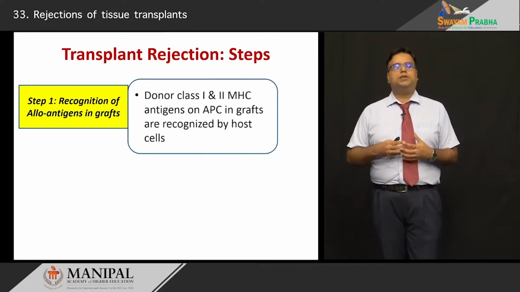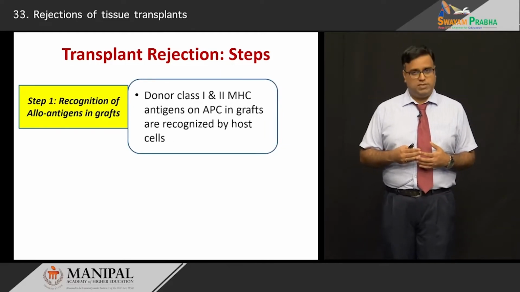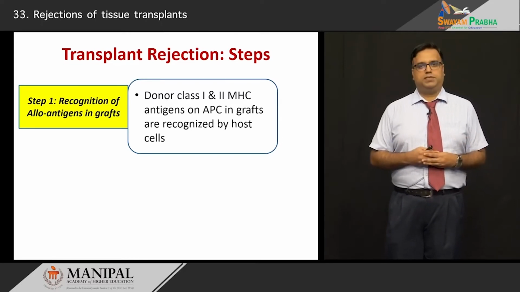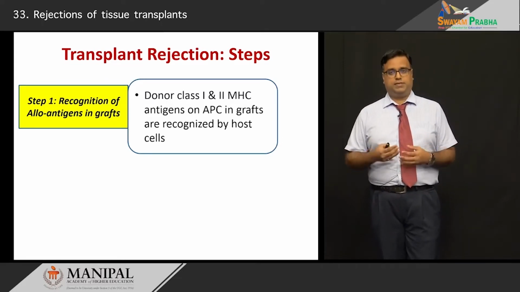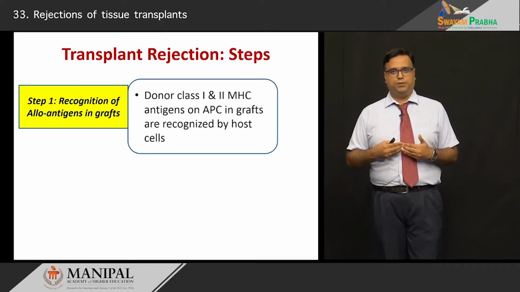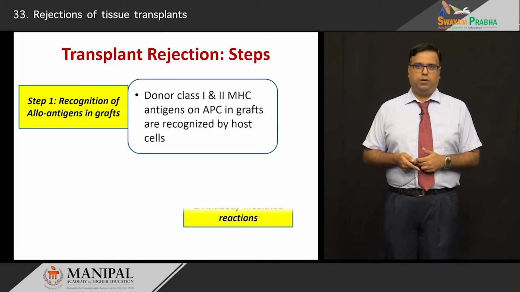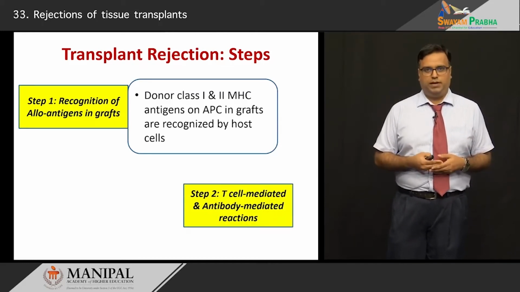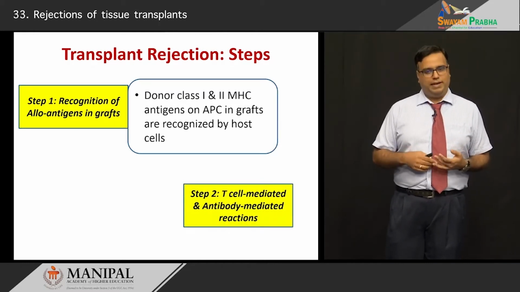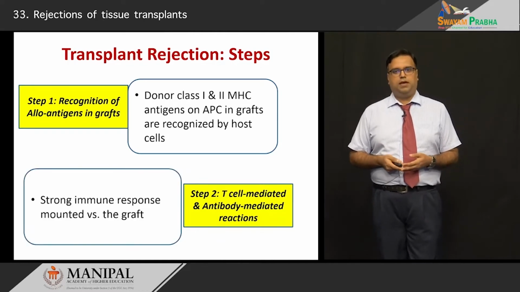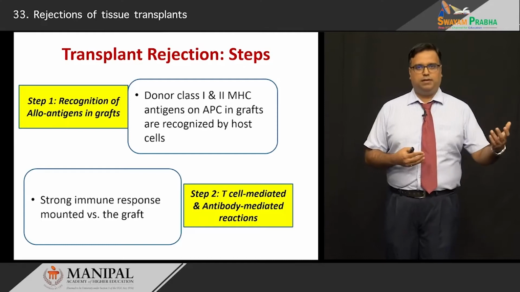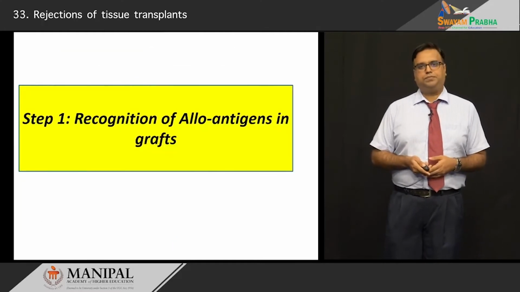Basically the donor class 1 and class 2 MHC antigens, which we have discussed a couple of classes earlier, are present on the antigen presenting cells within the grafts, and then they are recognized by the host cells. That is step 1. What should happen next? It should mount a response subsequently, which is both T cell mediated and antibody mediated. And it's a very strong and robust response against the cells in the graft of the donor.